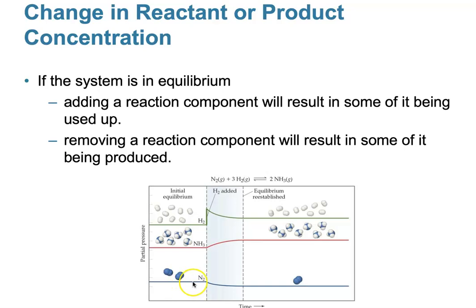My N2 is going to decrease because when I added more H2, it combines more with N2. So H2 initially increases, but then it's going to decrease because the H2 is colliding with the N2 to make more NH3, and equilibrium is reestablished.